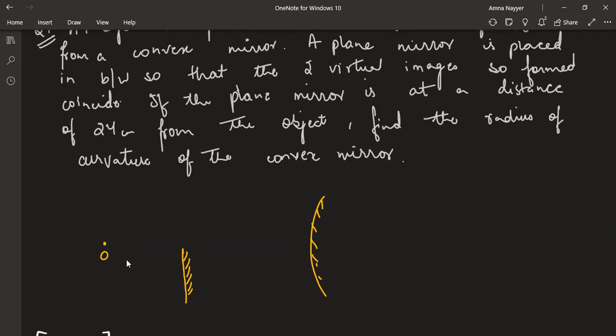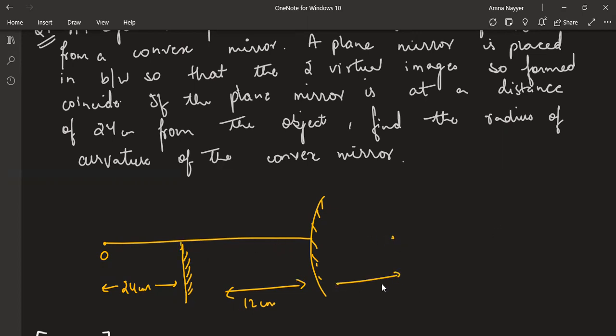So it means this part, let's say this is the principal focus. This part is 24 centimeters. And this plane mirror is placed in between so that two virtual images are formed and they coincide. So it means if this is 12 centimeters, this has to be 12. If this is 24 centimeters, this part will be 12 centimeters, the leftover part, right? And the image will also be formed at 12 centimeters because for a plane mirror, image and object distance are exactly the same.